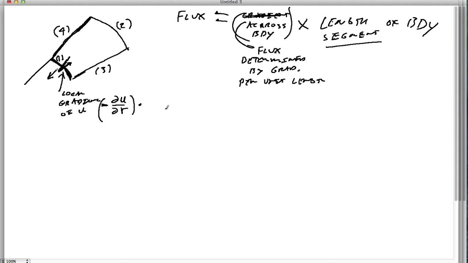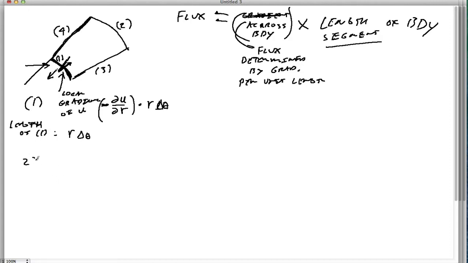So we know then that the length of side 1 is going to be r times delta theta. Okay, so I can put that there, r times delta theta. That represents just the flux going into our region on side 1.